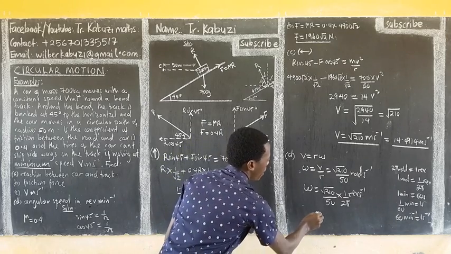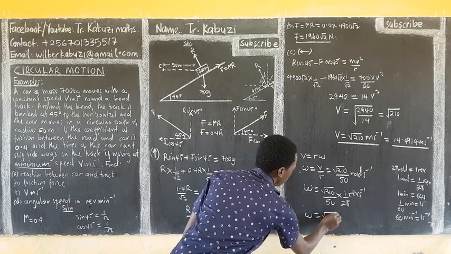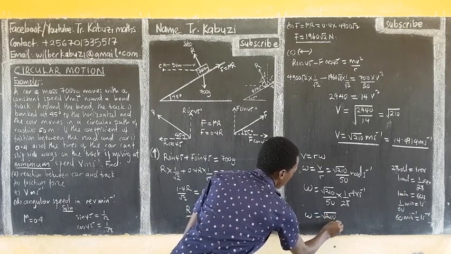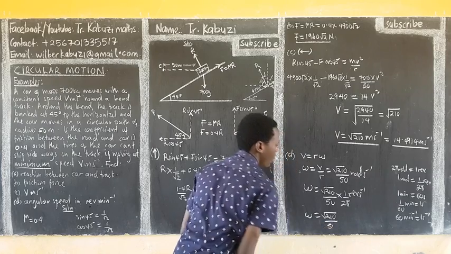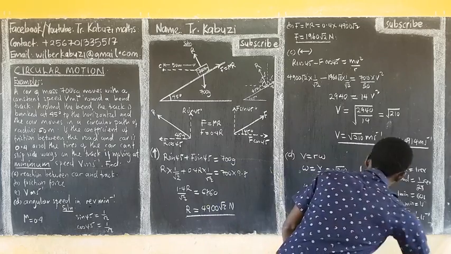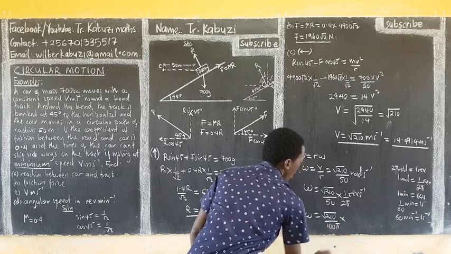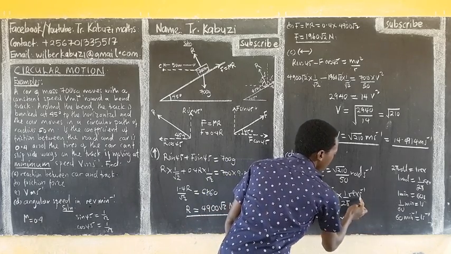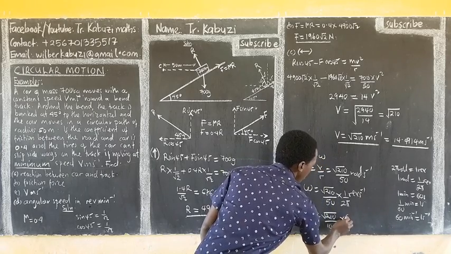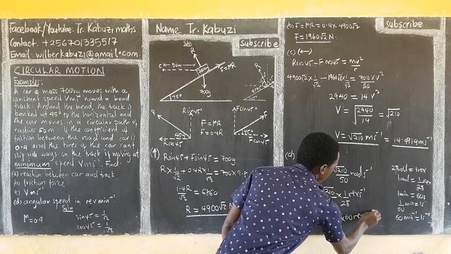So now my angular velocity is going to be root 210 over 350, over 100 pi. Then times 1 per second is equal to 60 per minute. Then this is rev per minute.